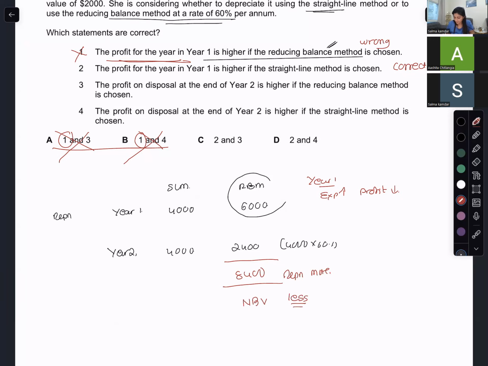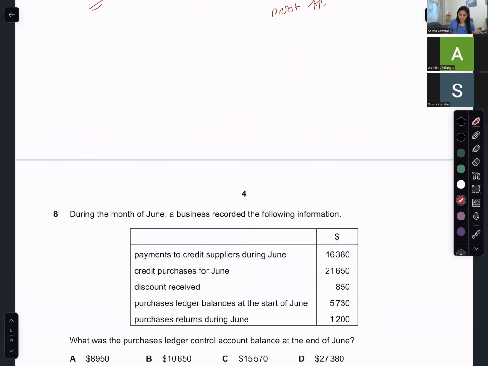Obviously, because you subtract it. If net book value is less, whatever selling price you're going to get compared to the SLM, you will have more profit. So if you're choosing the reducing balance method, the profit on disposal at the end of year two will be higher. So this is also a correct statement. So you don't have option 2 and any other option 3. Okay, fine. Go to the next one.